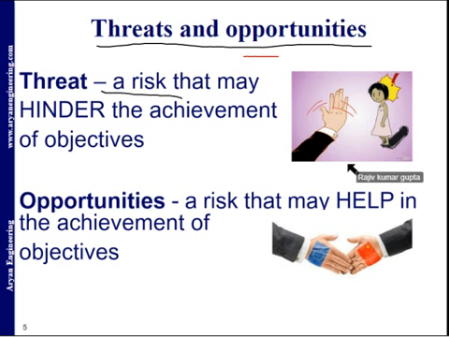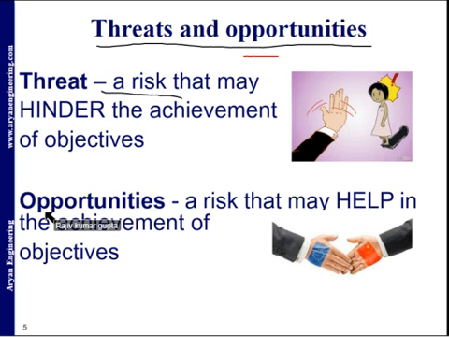Now, before we discuss the risk, we will see what is the threat and what is the opportunity, because when we talk about risk, there is a threat or an opportunity. A threat is a risk that may hinder the achievement of objectives. You can see from the diagram that this is a threat.